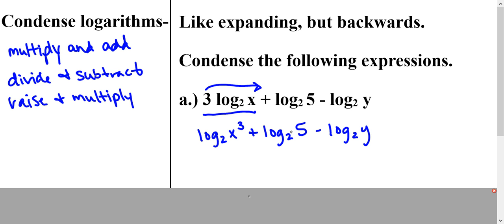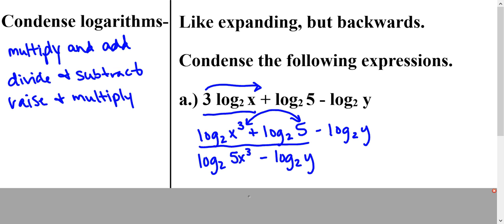Now we need to condense this piece with the addition. We know we're adding, so that means we're going to multiply the numbers. Now remember, you keep the base the same, but you multiply these two numbers together. So we're going to have log base 2 of 5 times x cubed, or x cubed times 5 would be 5x cubed. Then we have minus log base 2 of y.